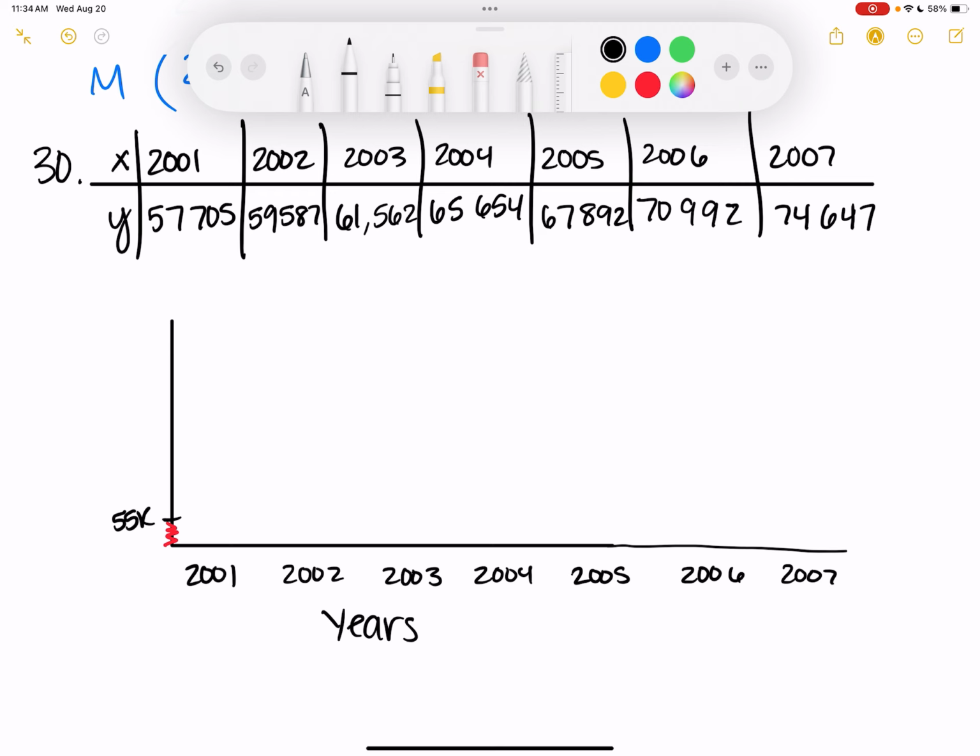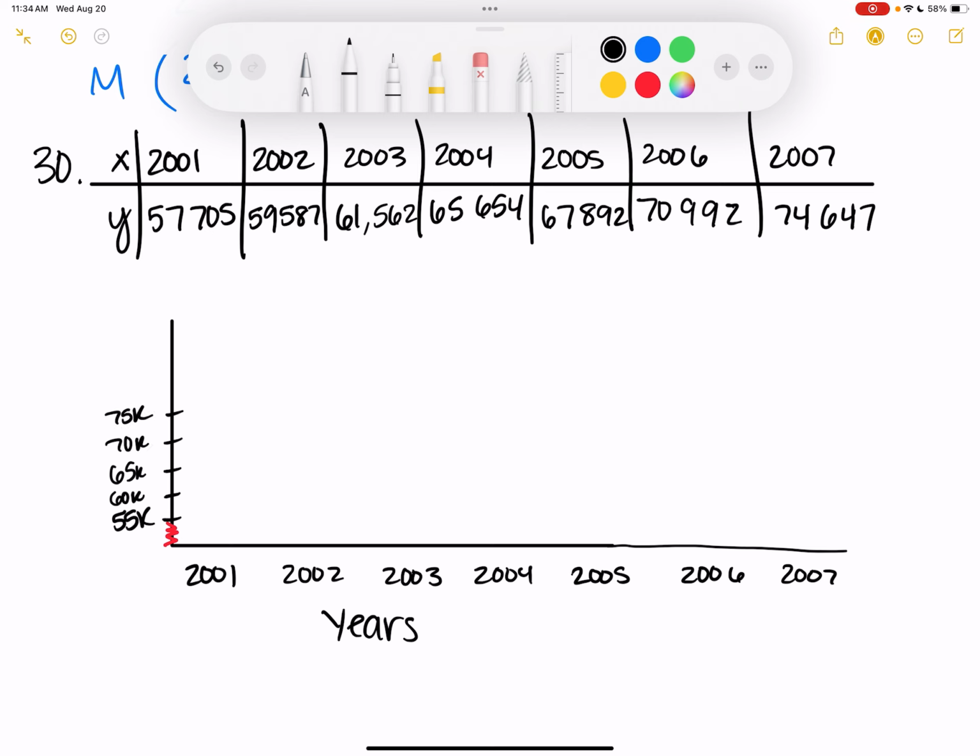And I'm going to go all the way up to 75,000 because I'm just south of that. So I'm just going to count in 5,000s. I kind of smushed those together, but that's fine.